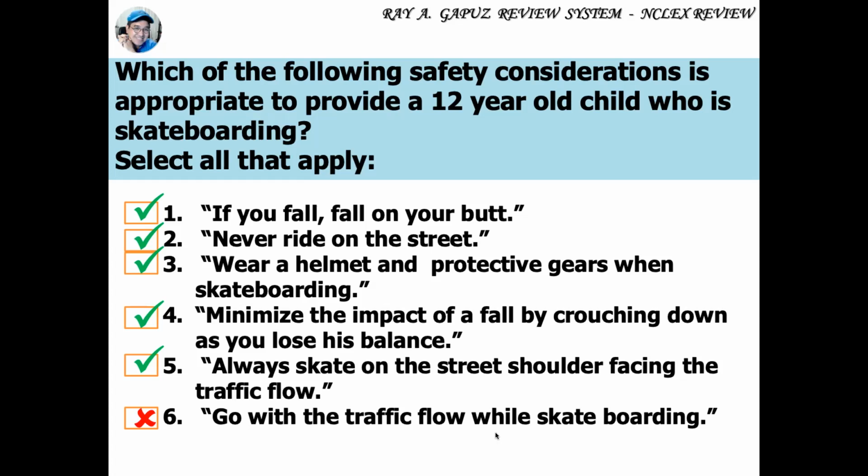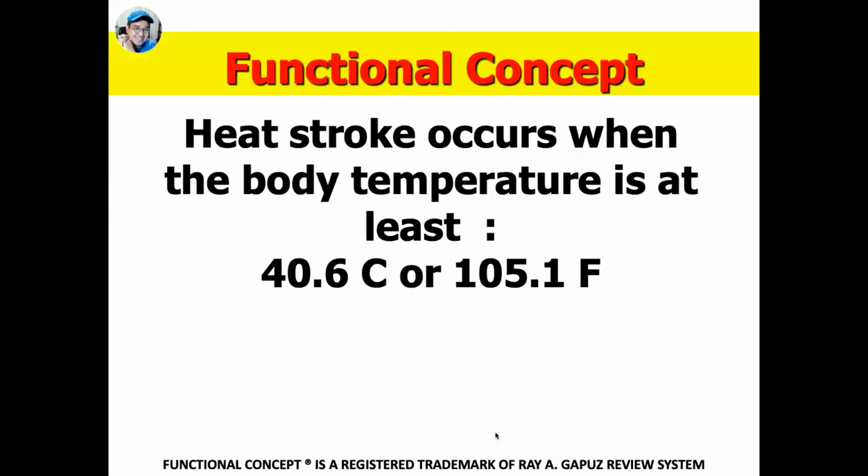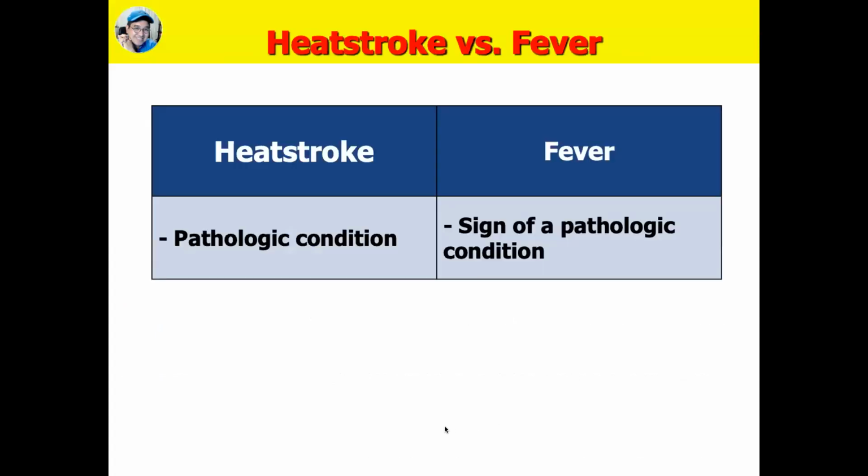Okay, now let's talk about heat stroke. Heat stroke happens when there is a very high temperature inside the body that the body cannot adjust to. The body temperature is at least 40.6 degrees Celsius or 105.1 Fahrenheit. This is very different from fever.